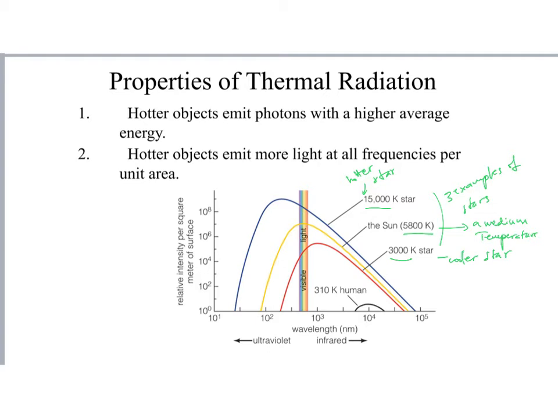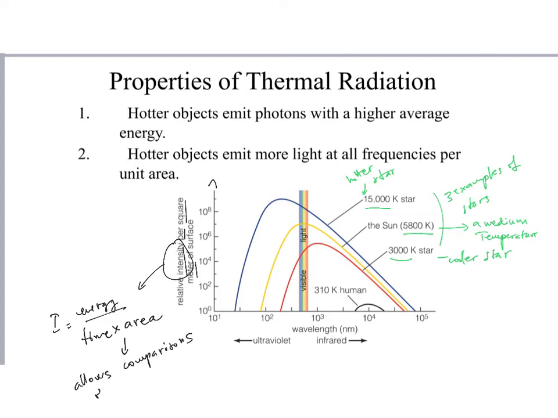Here is what we have on the y-axis: the intensity per square meter of surface. What is intensity? Intensity is energy per time, that is power, and also per unit area. That is important because it allows comparisons of objects, stars of different sizes.